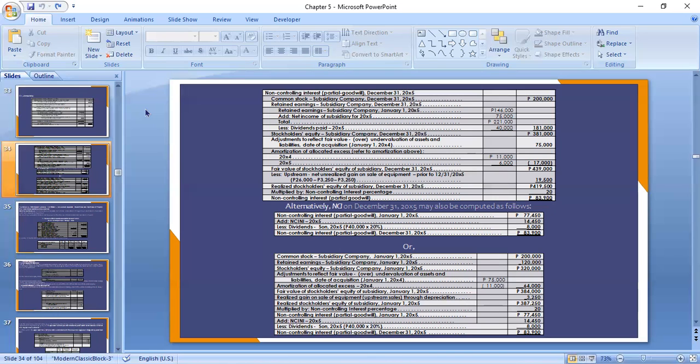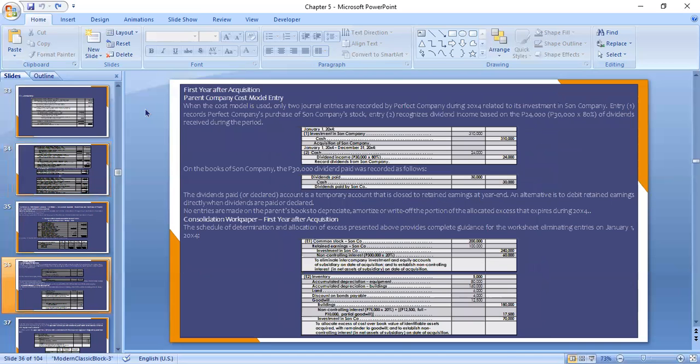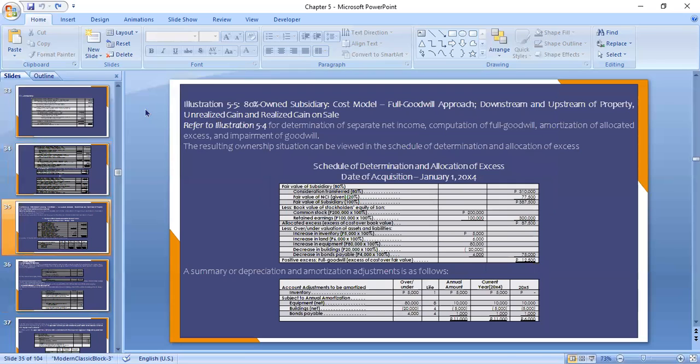And we have the realized stockholders' equity of subsidiary on January 1, 20x5, and we multiply this by the non-controlling interest percentage. Then we have the non-controlling interest, partial goodwill on January 1, 20x5, and we add the non-controlling interest in net income and deduct dividends. So it's still equal to the non-controlling interest share as of December 31, 20x5 using the partial goodwill approach.